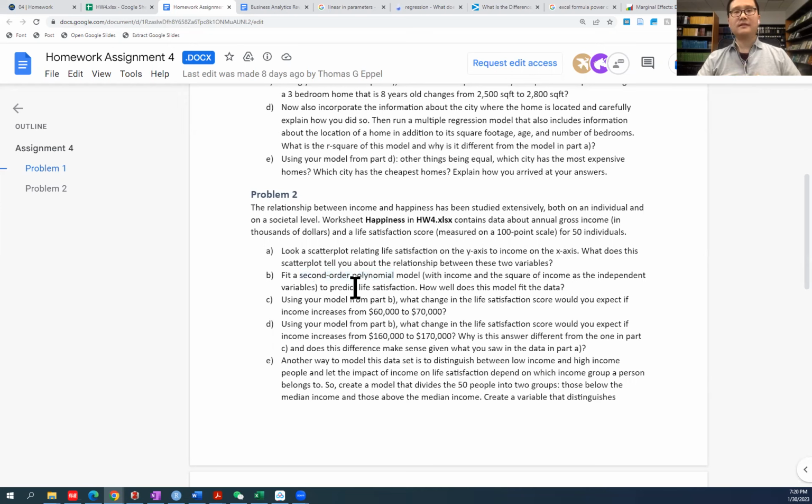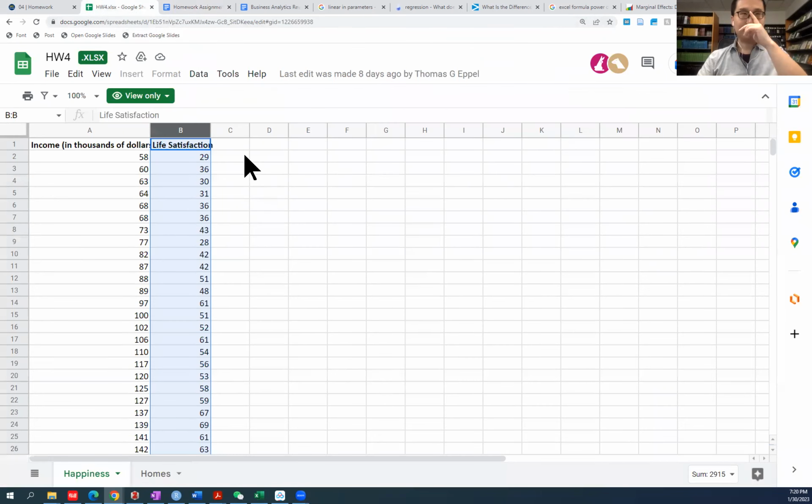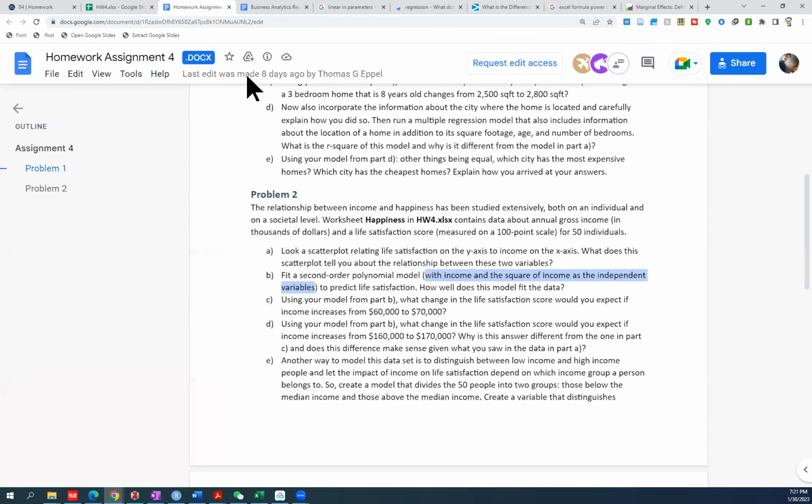So as you can see in the parentheses, it particularly mentions that we should use income and the square of income as independent variables to predict life satisfaction. Do you see what it means? That was my question initially. How do we do that? Plot those two independent variables along with the life satisfaction?